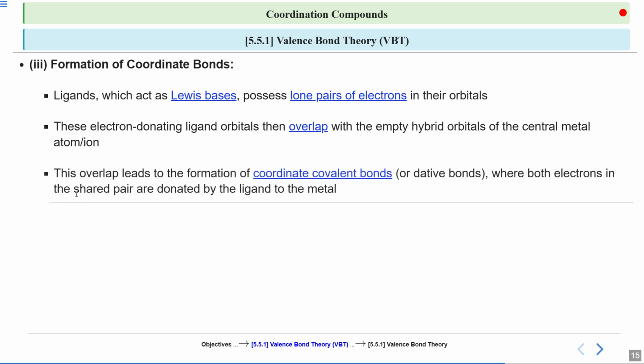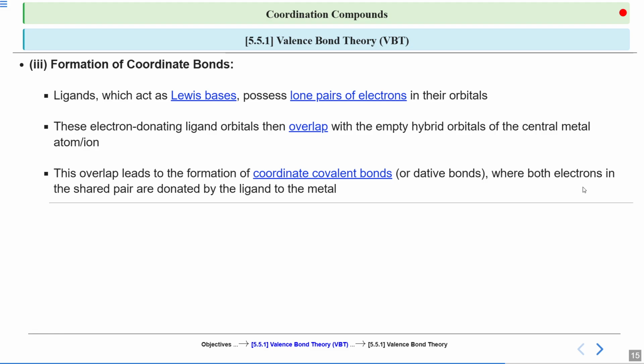This overlapping between the ligand and the empty orbital of the central metal leads to the formation of coordinate covalent bonds or dative bonds, where both electrons in the shared pair are donated by the ligand to the metal.